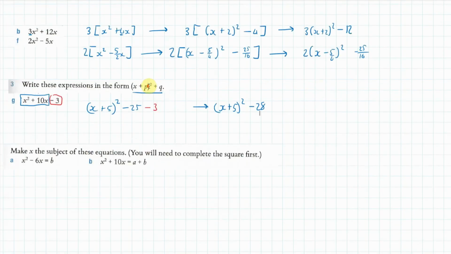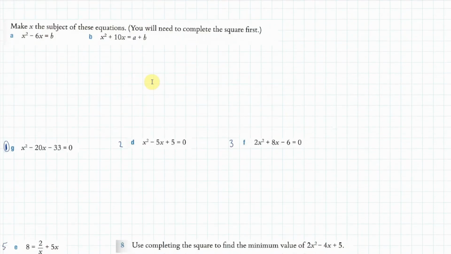Now let's move down a little bit. We've got a few more here. We've got to make x the subject of these equations. So what I would do here is go x, I'm going to complete the square on the left hand side, minus 9 equals b. So that would be my first step. Then I'm going to pull that minus 9 across to the other side.